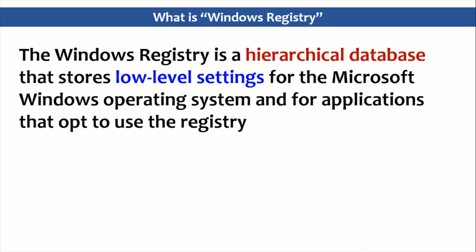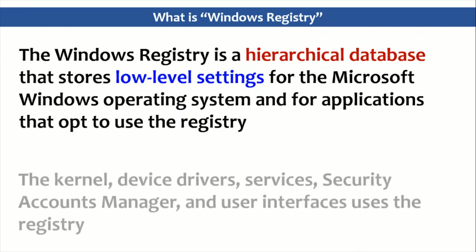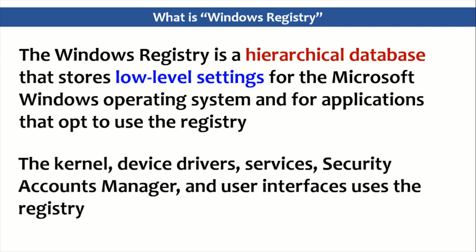So it's a hierarchical database which has low-level settings, and the operating system will read the system registry and apply the settings which are there in it. The operating system kernel, device drivers, services, the security accounts manager, user interfaces, etc. all use the Windows registry.